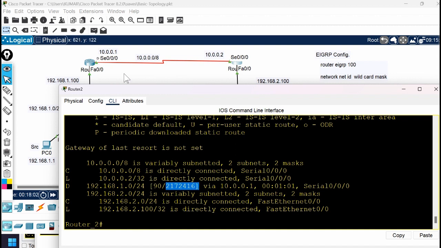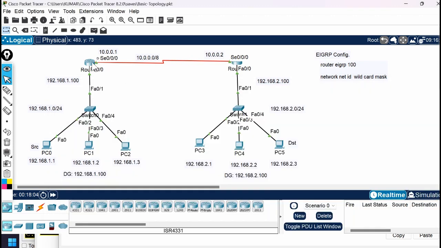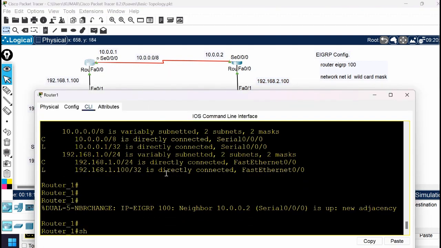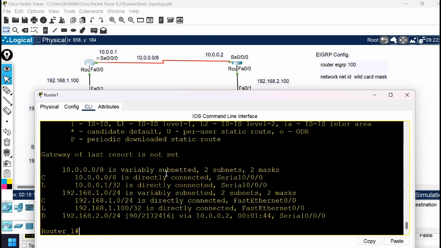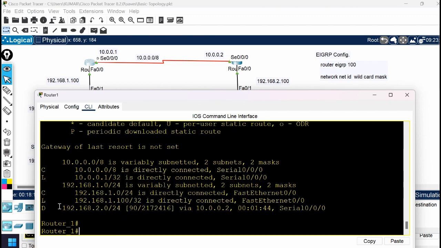Similarly, if I get back to router 1, I will be able to see the 2.0 network here. Verify, show IP route. See this, D and 2.0 is present here, with the administrative distance and the metric. That's it. So this is basically your EIGRP configuration and verification.